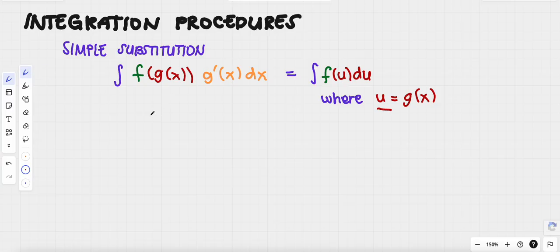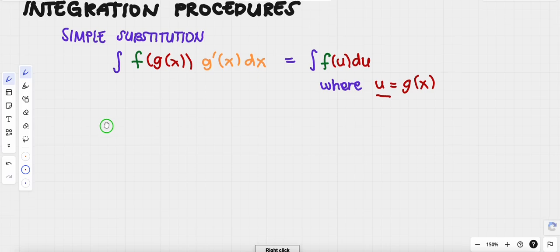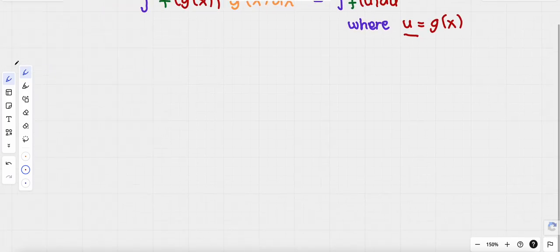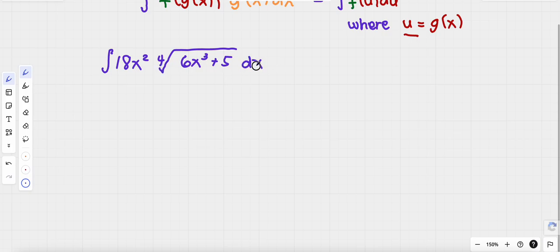So let's have an example. Let's say we're given this function: the integral of 18x squared times the fourth root of 6x cubed plus 5 dx.